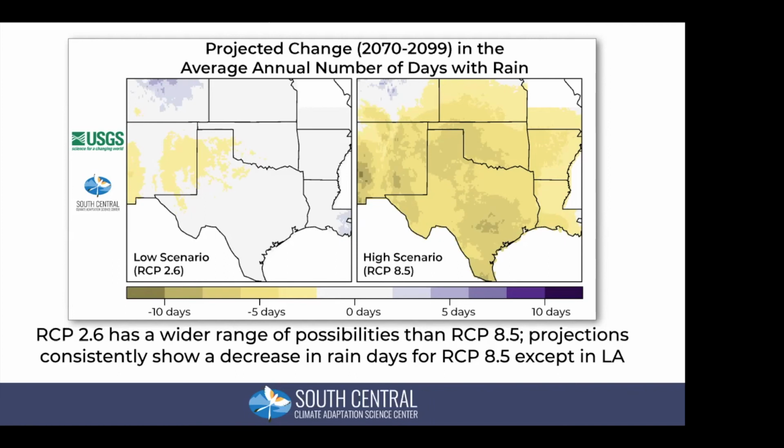On the other hand, with the exception of Louisiana, the projections for the high scenario consistently indicate that there will be 5 to 15 fewer days on average. One of the GCMs shows a slight increase in rain days in Louisiana, and the other 2 show slight decreases. So our confidence in this product for New Mexico, Texas, and Oklahoma is fairly high, but it's relatively low for Louisiana.